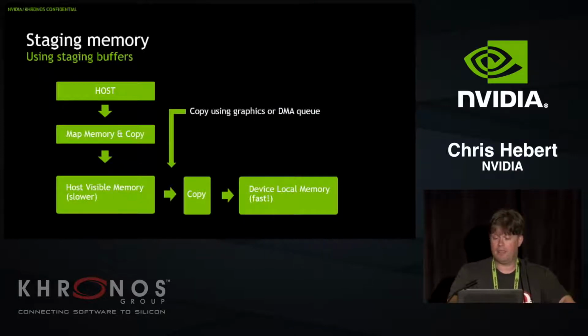So let's consider PCIe. To get the data onto your device and residing in a heap that offers optimal access, you really need to follow a two-step process for most PCIe devices. You create two buffers, one of which is host visible and one of which is device local. You then map the host visible buffer and write to it like you would any other buffer.